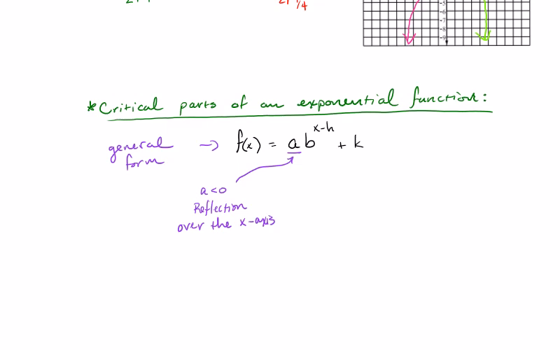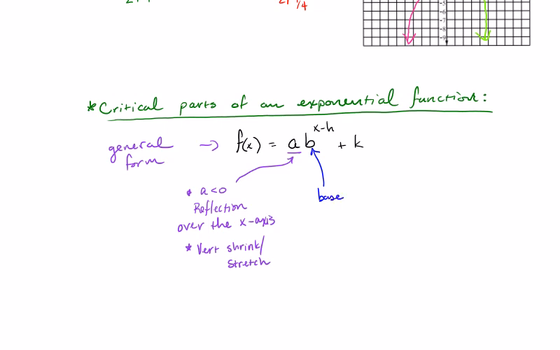Okay, and then it's your standard vertical shrinks and vertical stretches, right? If that kind of stuff is asked of you, hopefully you know what is being talked about. The base is much more critical. So this is considered the base, right?